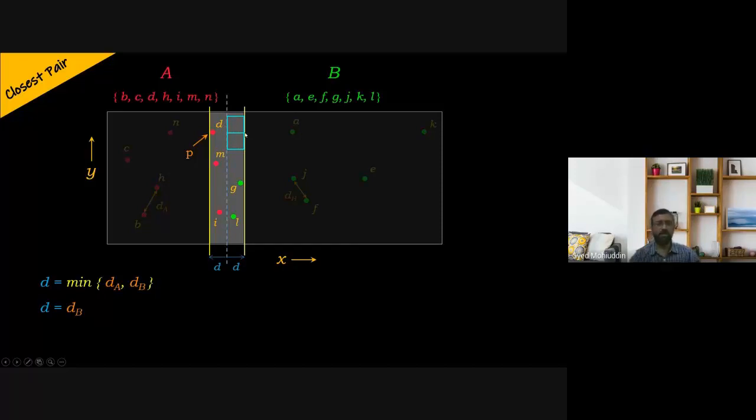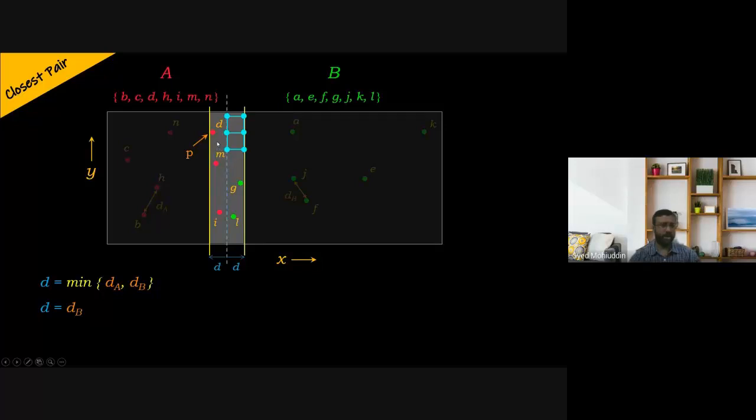Now, at the most, what we have to compare is 6 extreme points. Those are the 6 extreme points we have to compare. None of the points here will lie within this shaded region of the A side.